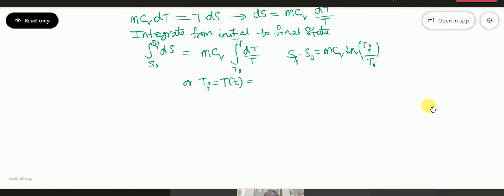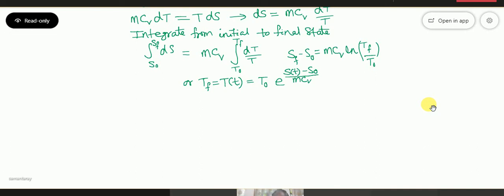T naught times e to the power of (S at current time minus S naught) by MCB. So that is what we will get. Here, S is basically the total integral of flow. So we have a relation.